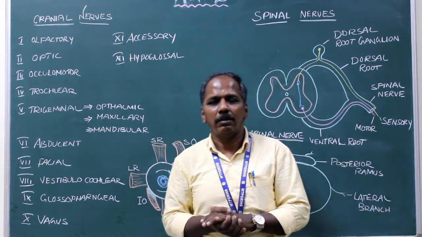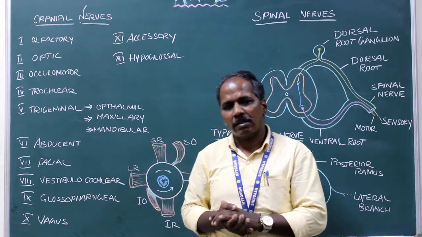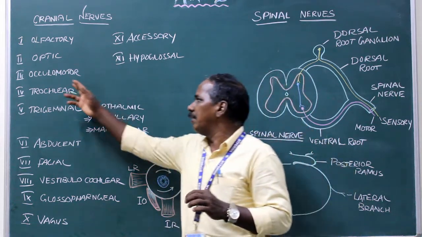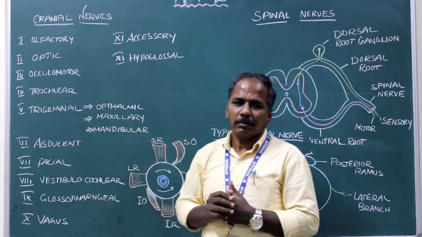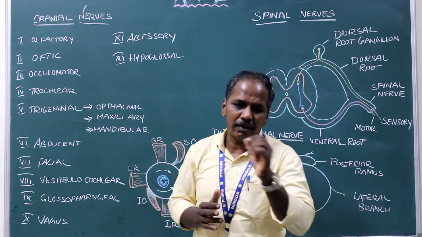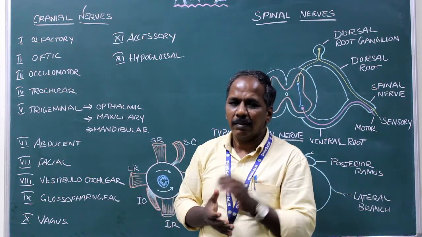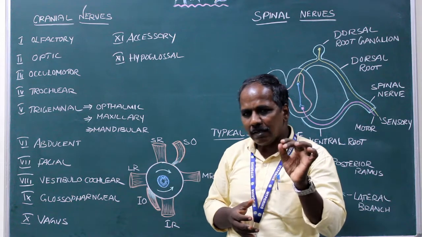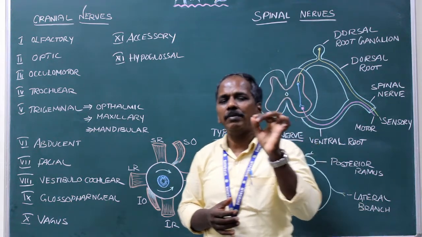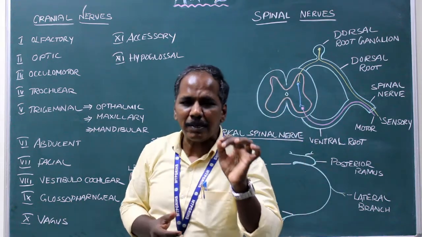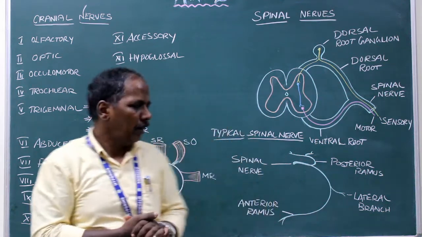Third cranial nerve, oculomotor. So the name implies that it is a motor nerve. So type motor. Function, it supplies muscles of the eyeball, that is the extraocular muscles of the eyeball.